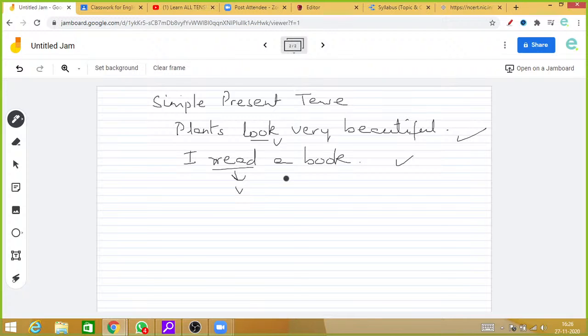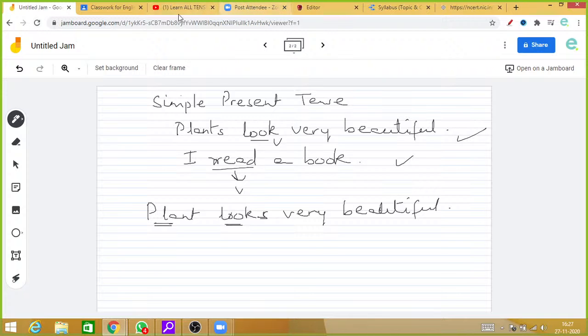If you had said plant, just one plant, then look would have become looks very beautiful. For a singular word, the base verb gets an S. Okay?